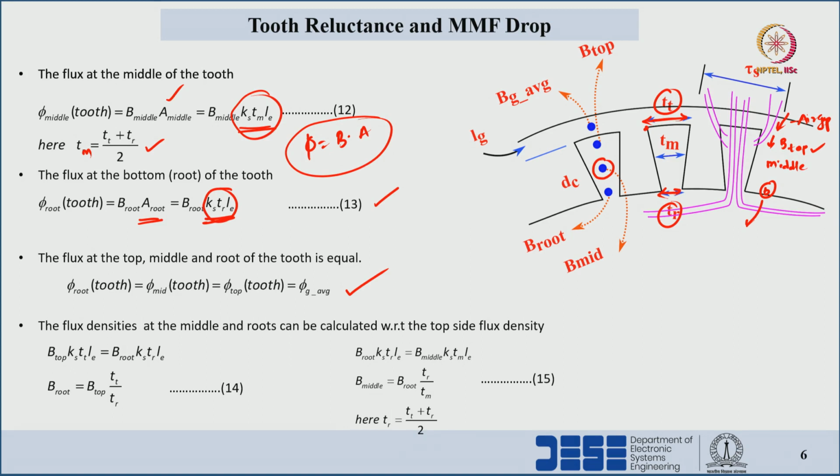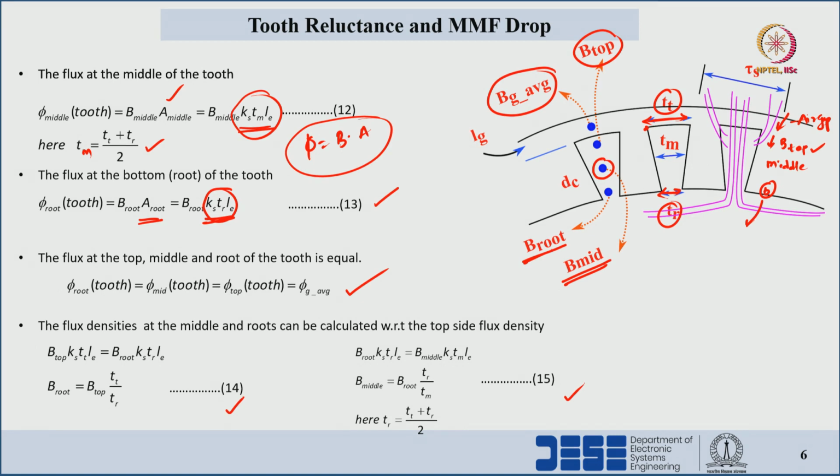If we want to calculate the flux densities at the different parts of the tooth, like B root and B mid, with respect to the flux density at the air gap or the flux density at the top, we can get it based upon equation 14 and equation 15.